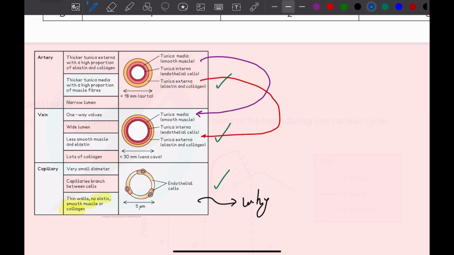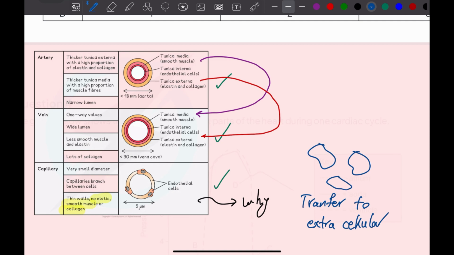Because capillaries are responsible for transferring different molecules to the extracellular space, which means we have a space between cells, and here we have a capillary, and capillaries are responsible for transferring different molecules like O2, CO2 out, and glucose, and many types of molecules.